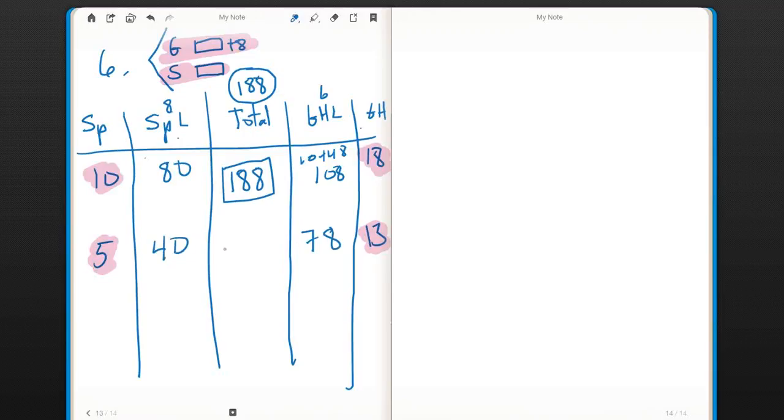And altogether, I have 118 legs. That's not enough legs. And in this case, they're both just going to go up, and I would just go up until I get to the 188 legs. Okay, that'll do it.